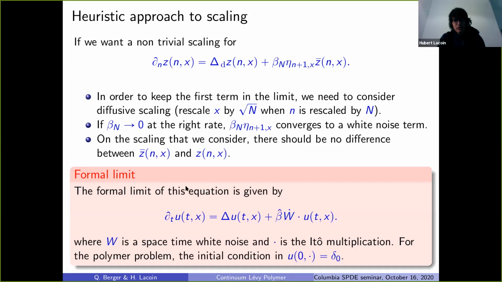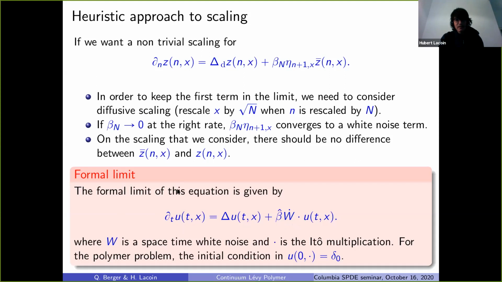So as a conclusion, at least formally, the scaling limit of this equation should be the stochastic heat equation with multiplicative white noise. And because you have n plus 1 here, it's quite clear that you have to consider this multiplication as Ito multiplication, because you're multiplying with the immediate future.